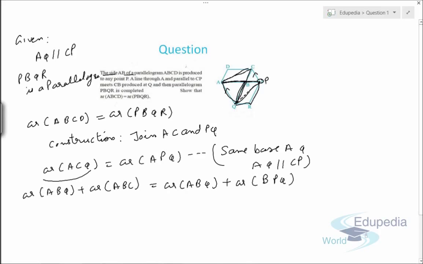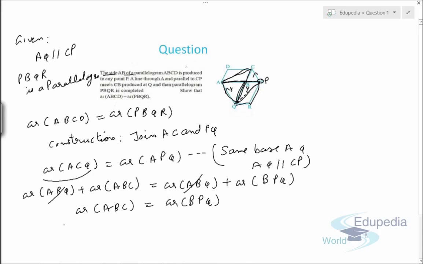You can see properly, APQ can be written as this area plus this area. Now since this area and this area can cancel, what we get is area of ABC is equal to area of BPQ.